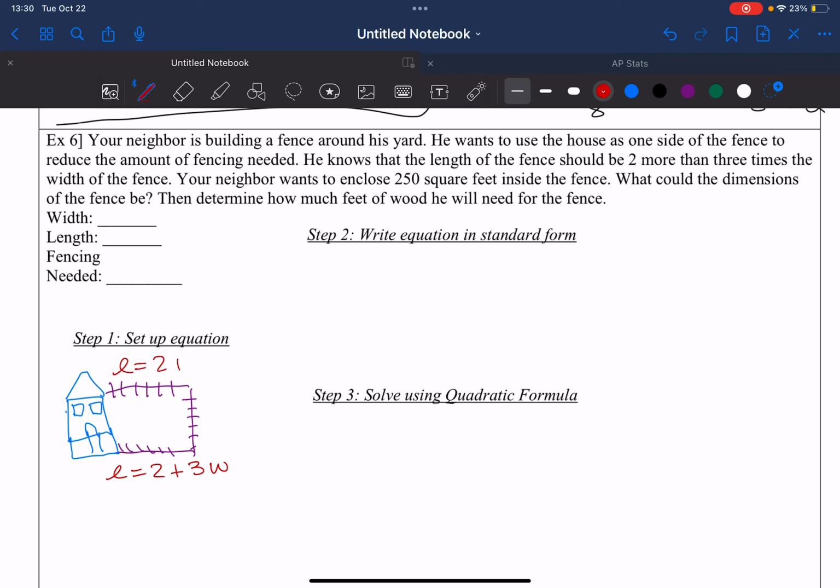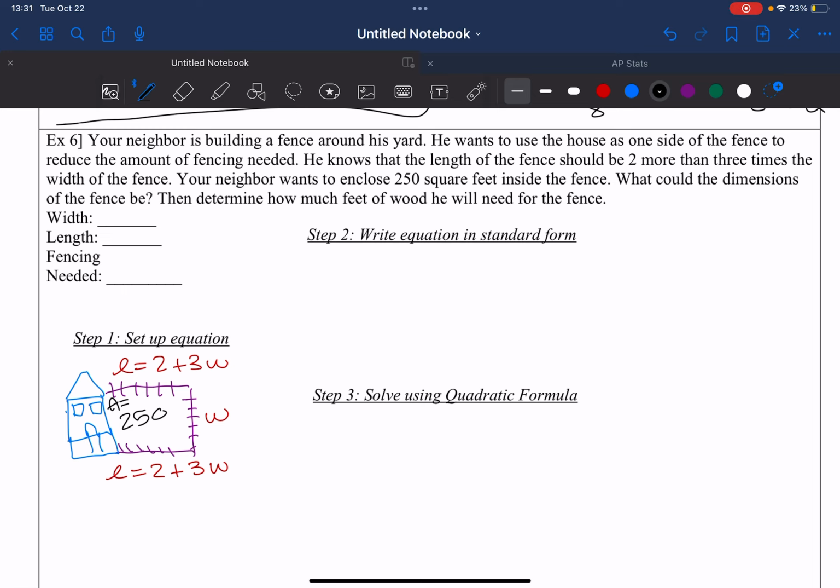Length is equal to 2 more than 3 times the width, and this is the width. Your neighbor wants to enclose 250 square feet inside of the fence. So inside of here is 250. That is our area.